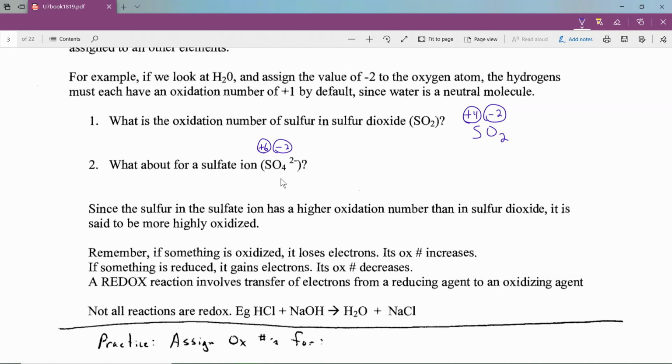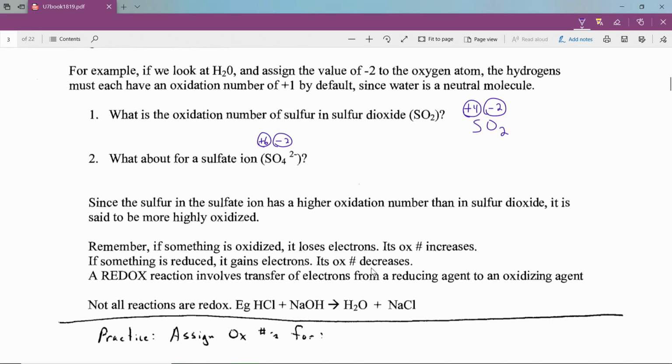So it's more highly oxidized in the sulfate ion. Remember, if something is oxidized, it loses electrons, its oxidation number increases. If something is reduced, it gains electrons, its oxidation number decreases. And redox involves the transfer of electrons from a reducing agent to an oxidizing agent.